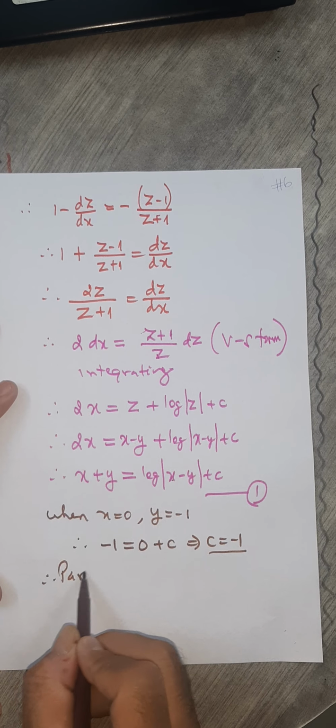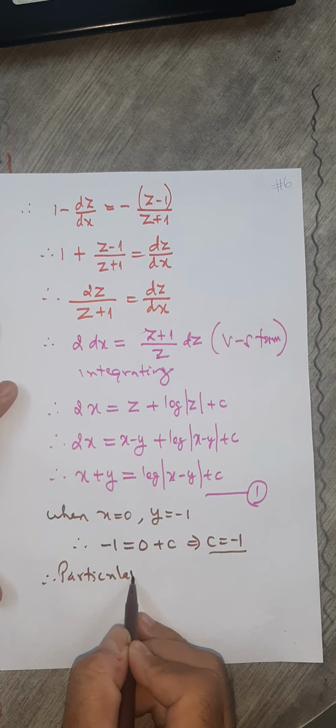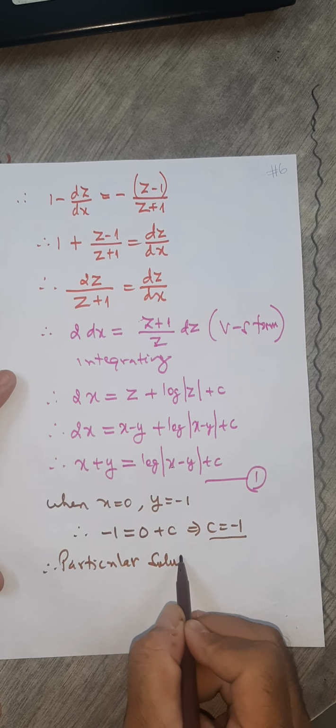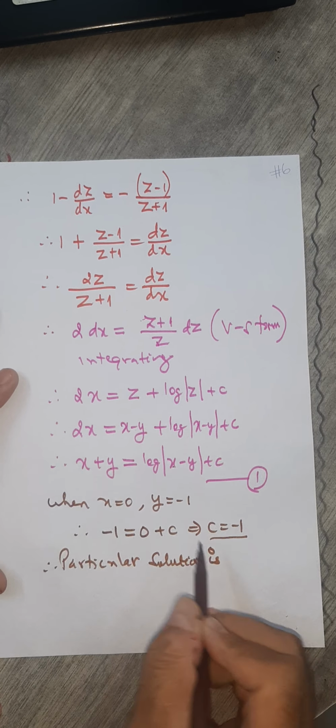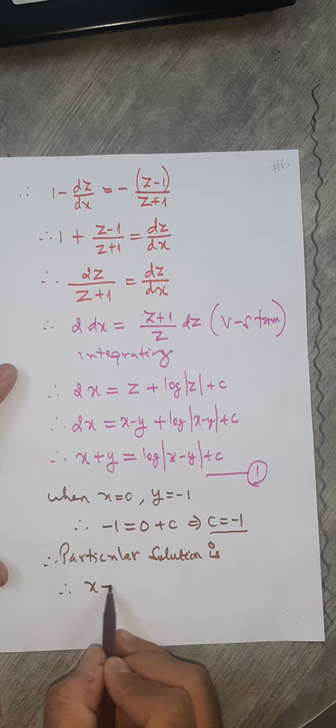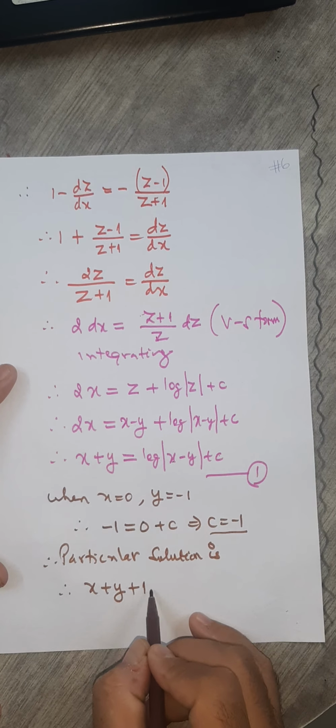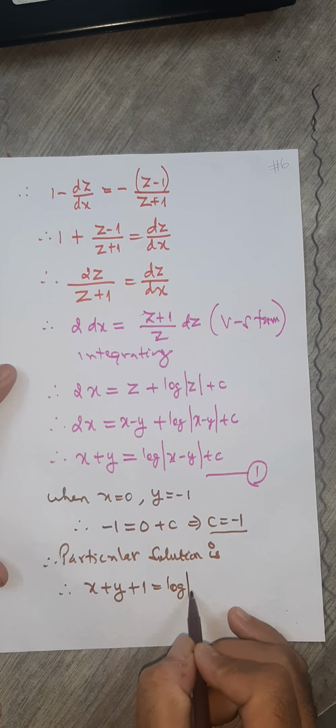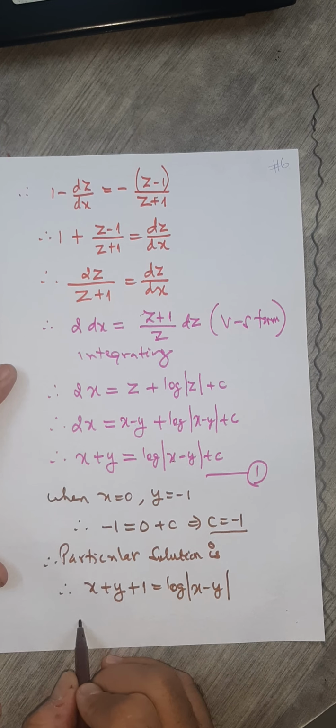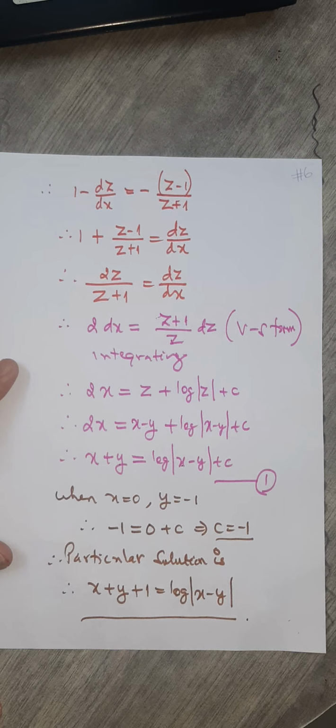Therefore the particular solution is finally, this is your final solution: x plus y, what is c? Minus 1, which I'll take over here, plus 1 equals log of mod of x minus y. That's the required particular solution.